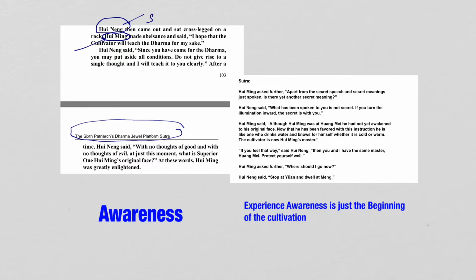So Hui Neng, the Sixth Patriarch, said: since you have come for the Dharma, you may put aside all conditions. Do not give rise to a single thought, and I will teach it to you clearly. And then Hui Neng, the Sixth Patriarch, waited for a time.